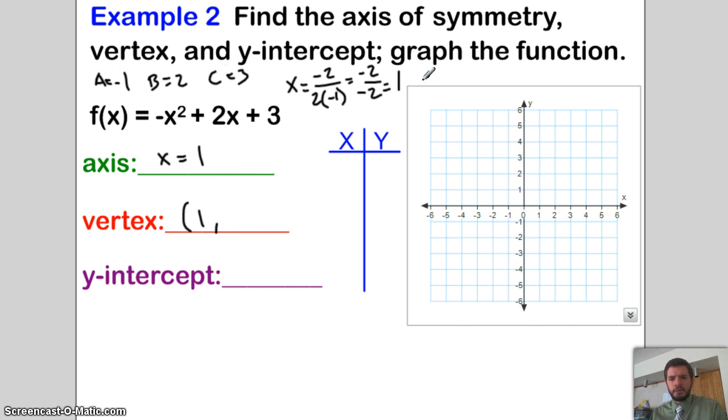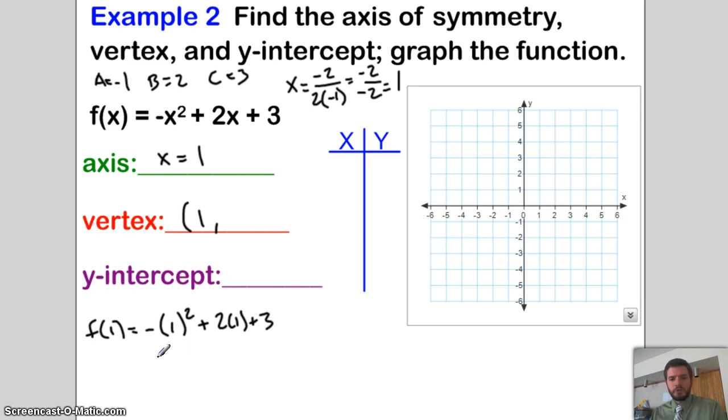So I'm going to plug 1 back in, I'll just do it down here, to find the y value of the vertex. So I need to find f of 1. It'll be negative 1 squared, again, be careful with how you write that, plus 2 times 1 plus 3.